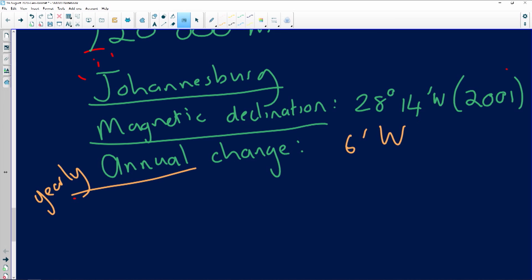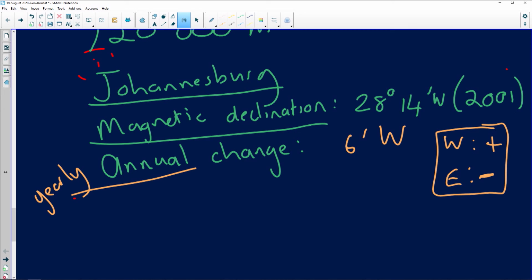If we look at the annual change, I'm just going to put it here in a little block because it's like a little formula. If it moves in a westerly direction, once we do the calculation, we're going to add. When it moves in an easterly direction, we're going to subtract.